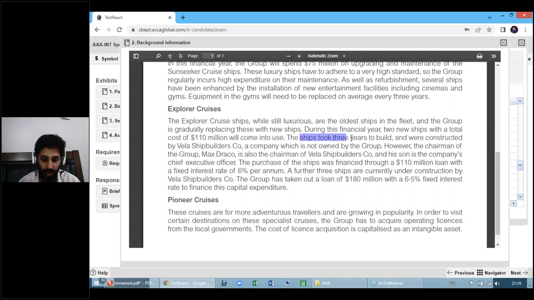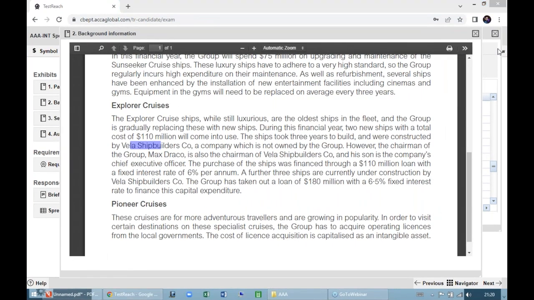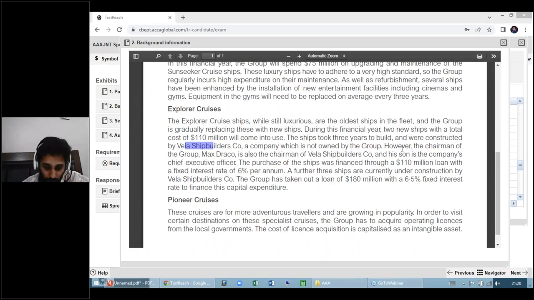The ships took 3 years to build and were constructed by Vela Shipper Company, a company which is not owned by the group.